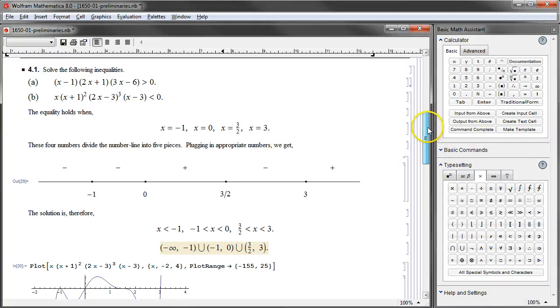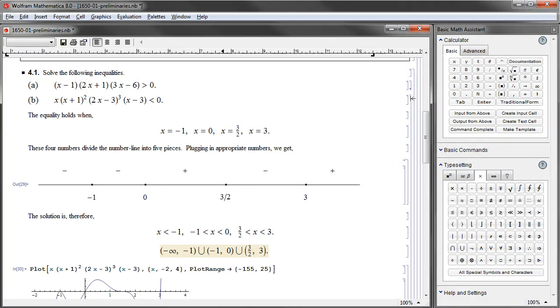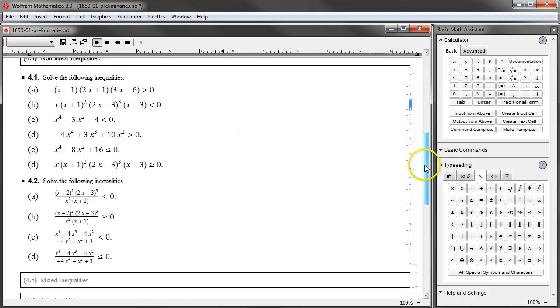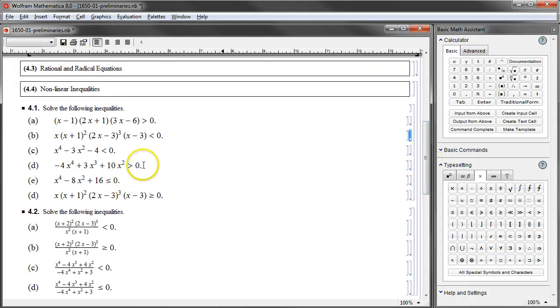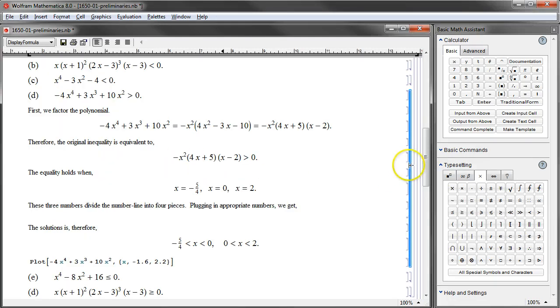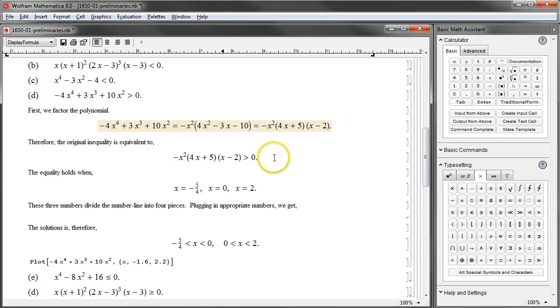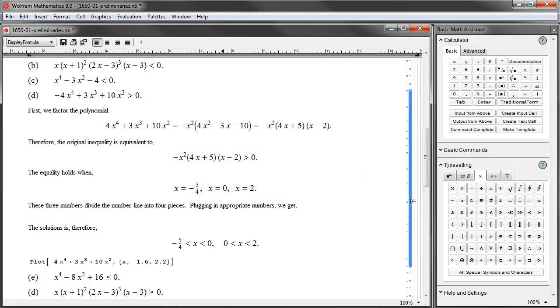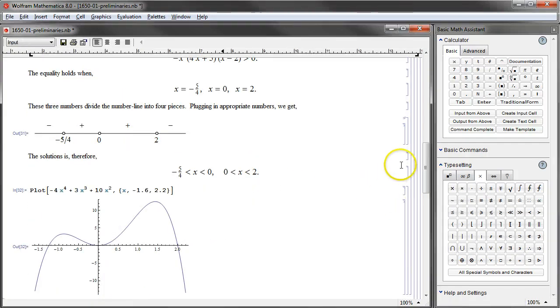Otherwise you do some creative zooming and this analytical method works. What if you have a problem that is given in expanded form? You have to factor this polynomial first, kind of like this, and then put it into something like this, and then you get the zeros, and then you can go ahead with the sign analysis.